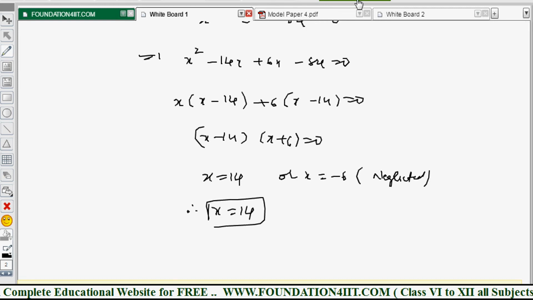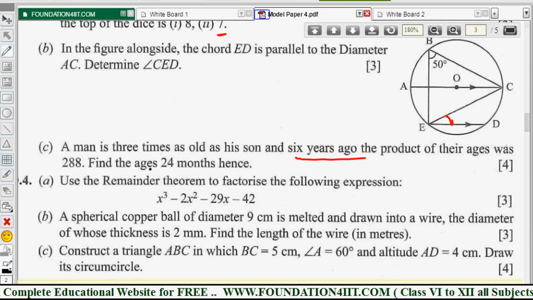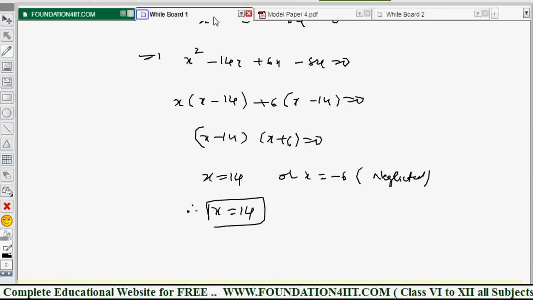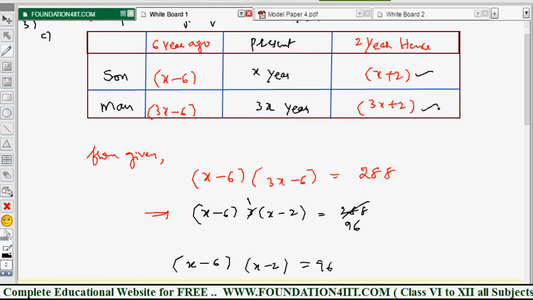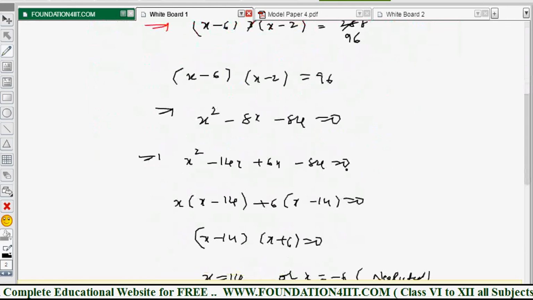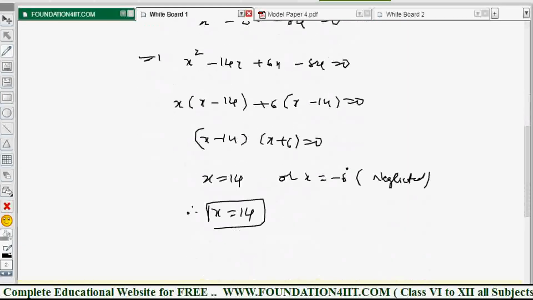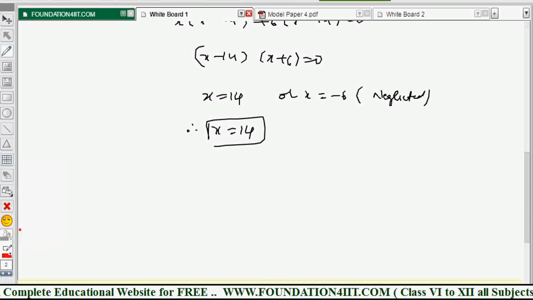Now, the question is we need to find the ages 24 months hence. After 24 months, that is after 2 years, one is x plus 2, one is 3x plus 2. Therefore, the age of the son will be x plus 2, 14 plus 2, that is 16 years.